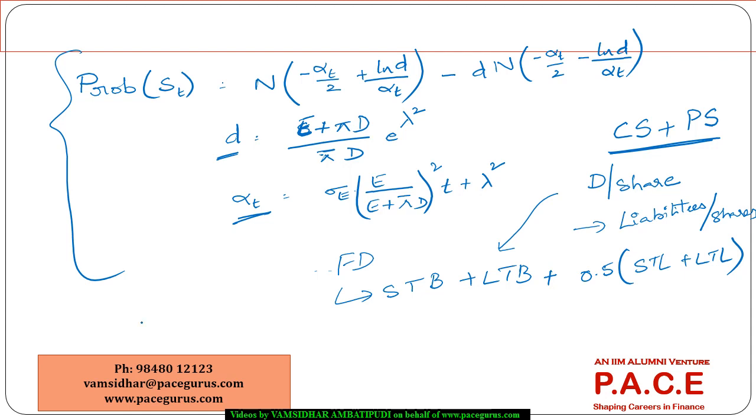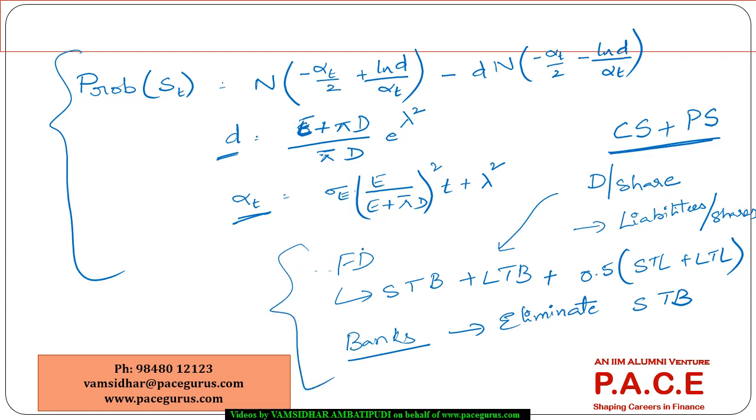I consider total other short-term and long-term liabilities in this way for a non-financial firm, whereas for financial firms, or companies having large subsidiaries, or probably for some kind of banks, I can very well eliminate the short-term borrowing. This is what is being suggested through the model. But this is one way of finding out the financial debt.